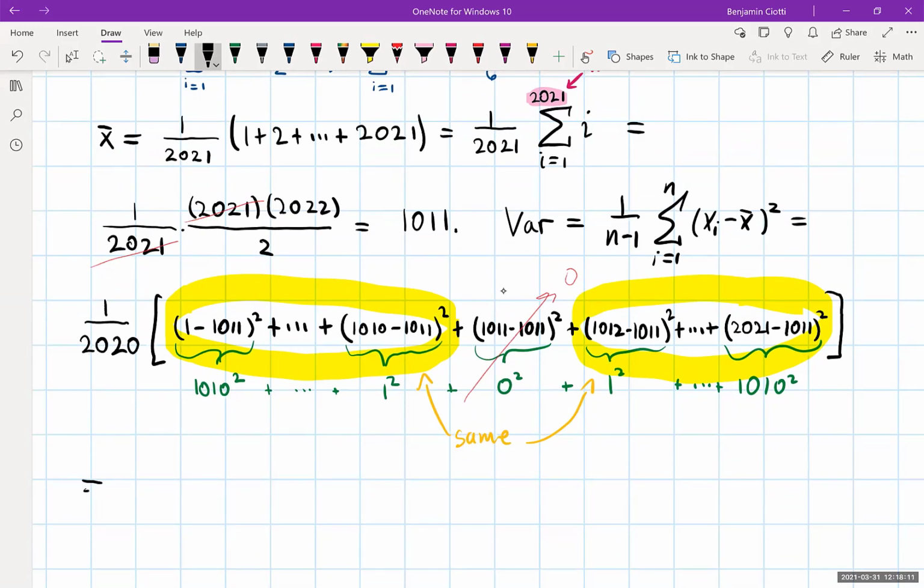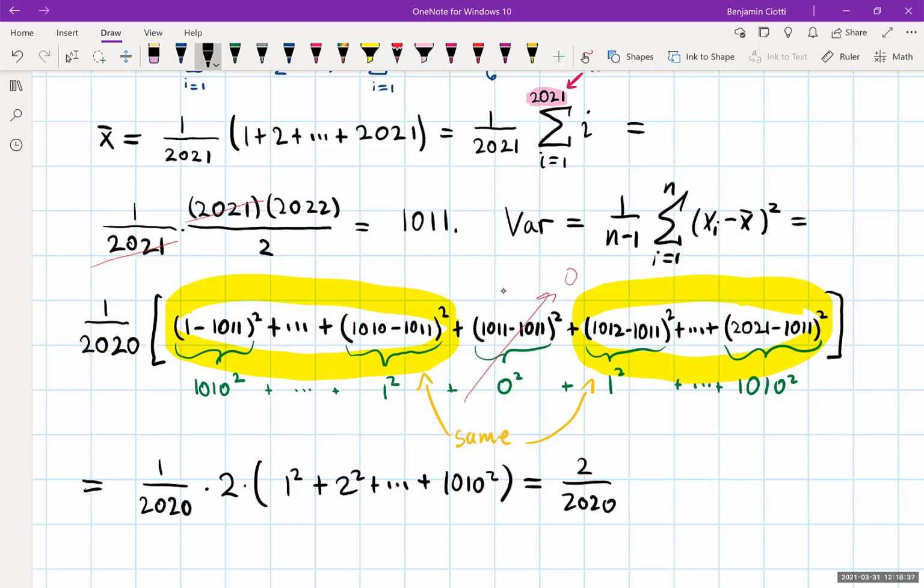So let's write this as 1 over 2020 times 2, and then times the sum of 1 squared plus 2 squared all the way up to 1010 squared, which I could write with summation notation. That's the sum of the first 1010 squares.